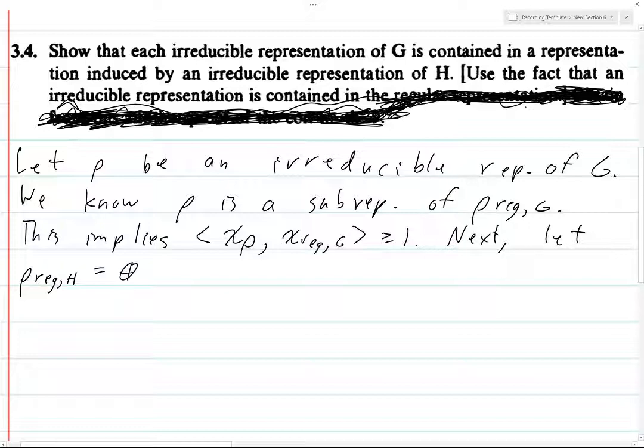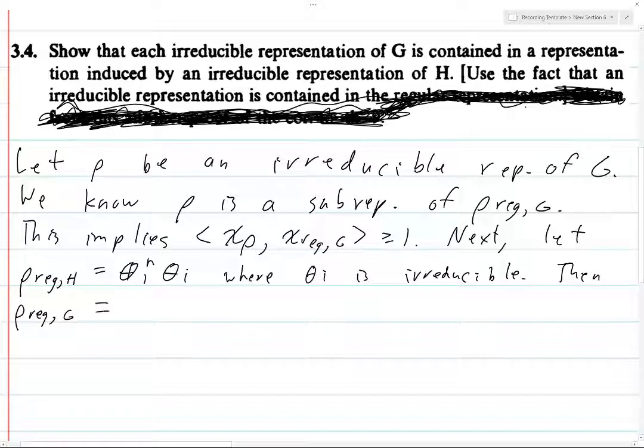Write this as the direct sum from 1 to n of theta I, where theta I is irreducible. Then rho reg G, we know that this is the induced representation from H to G of the regular representation of H.